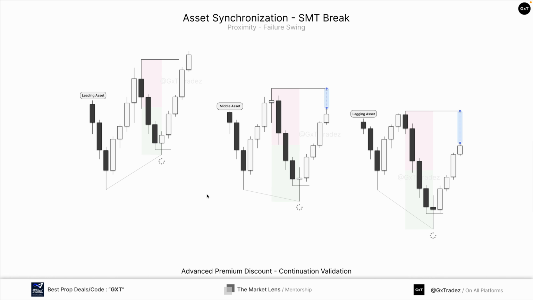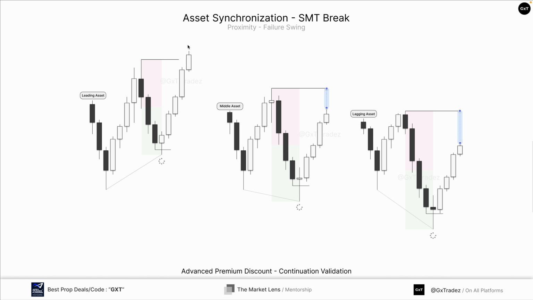Now, how do we know? How do we make this mechanical? This is where we use advanced premium discount to basically validate continuation. And we're looking at proximity, because what this is going to create is failure swings. So you're going to mark out from the reversal low to the drawn liquidity high, okay?